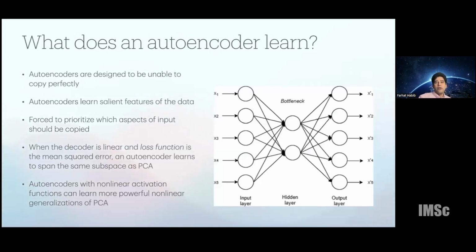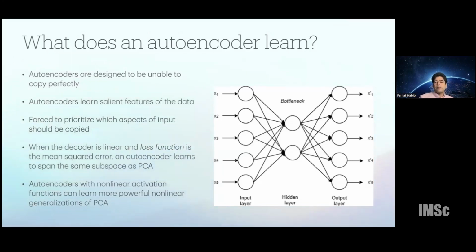So how do autoencoders learn? Autoencoders are essentially designed to learn the salient features of a data set. The information in an autoencoder passes through a bottleneck. An autoencoder, just as we learned in yesterday's talk, is essentially a neural network with the same number of neurons in the input and on the output side.